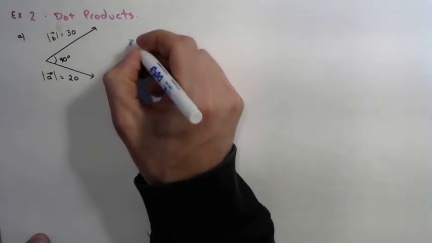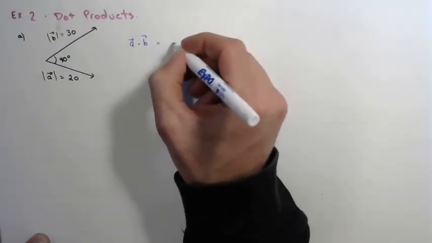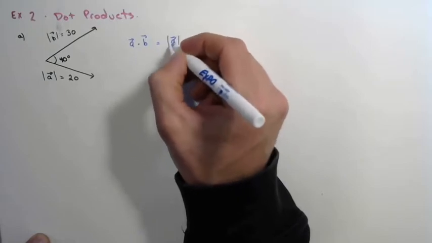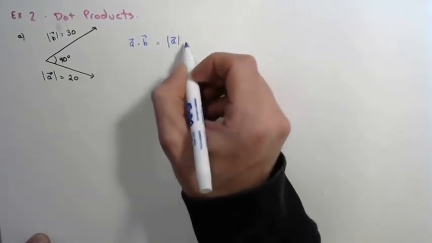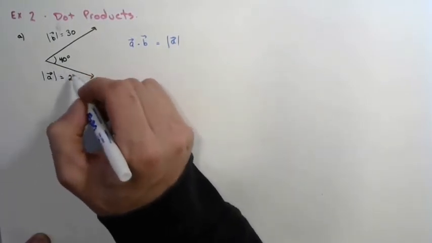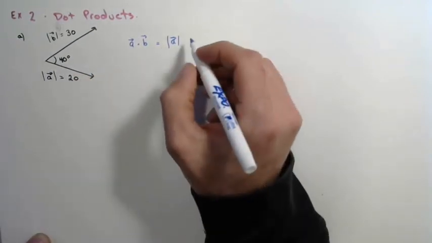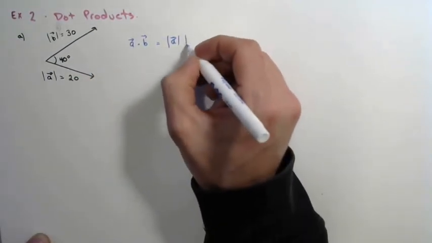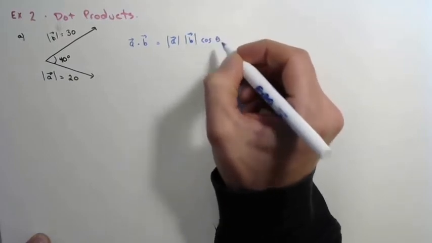The dot product, A dot B, is equal to the magnitude of our initial vector A, so that's the first one here, times the component of B that's going in the same direction as A. So we're looking at the magnitude of B times the cosine of angle theta.